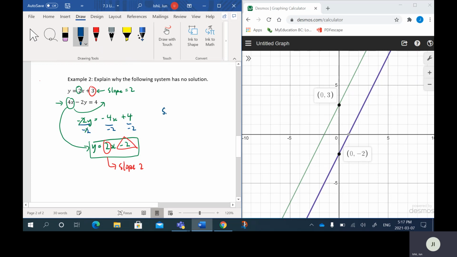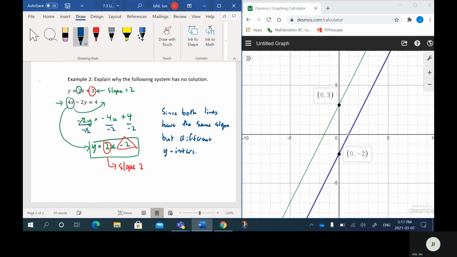Since both lines have the same slope but different y-intercepts, they will never cross. If they don't ever cross, then there's no point of intersection.